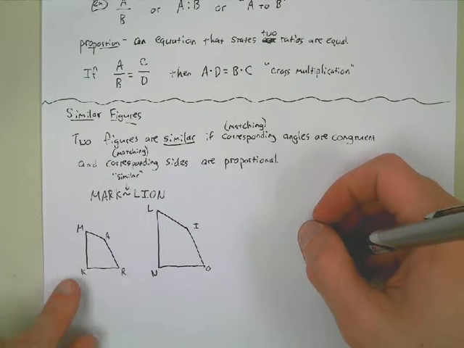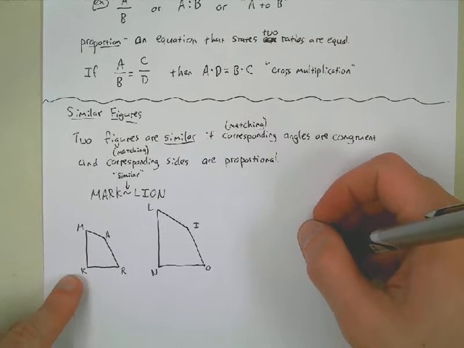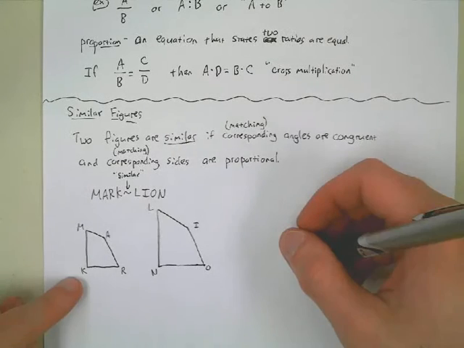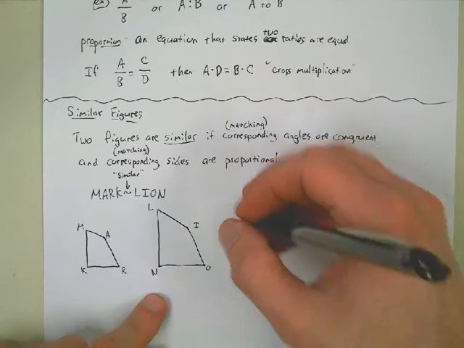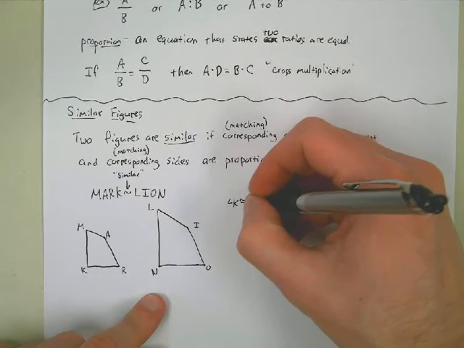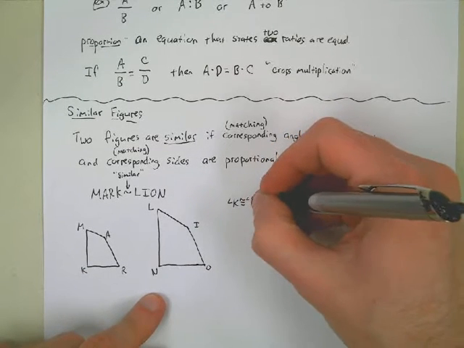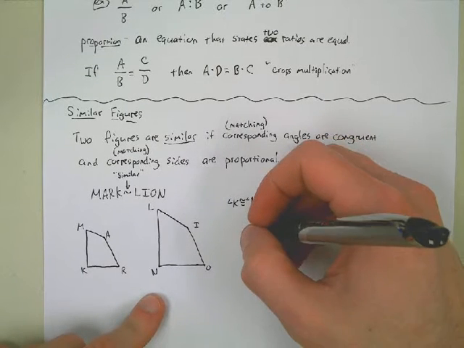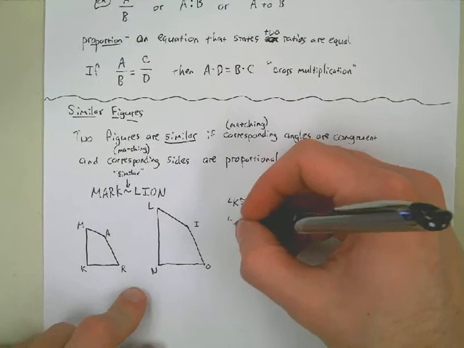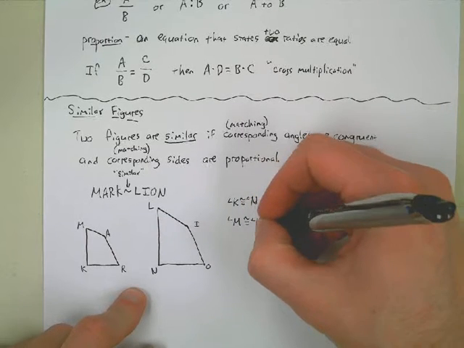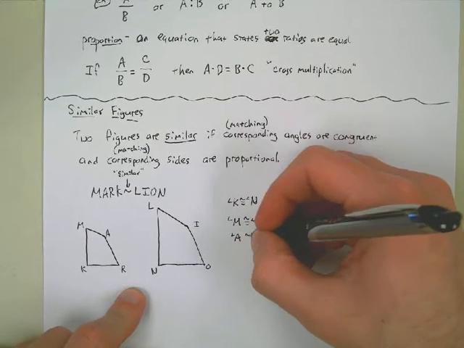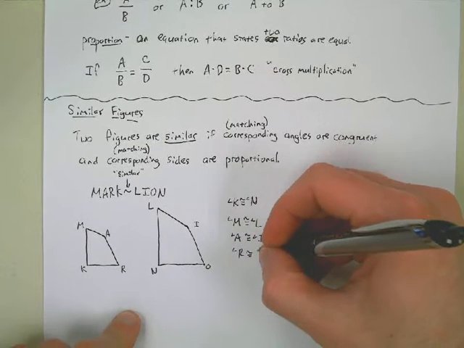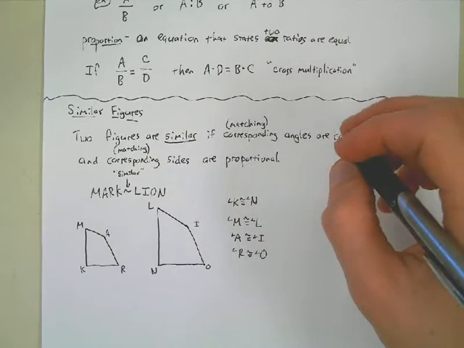Just one angle at a time. So K will be congruent to what? Yeah, exactly right. Very good. So angle K is congruent to angle N. And give me another pair there, Stephanie. So M and L, angle M is congruent to angle L, and then angle A is congruent to angle I, and then angle R is congruent to angle O. All right, there's all four pairs.